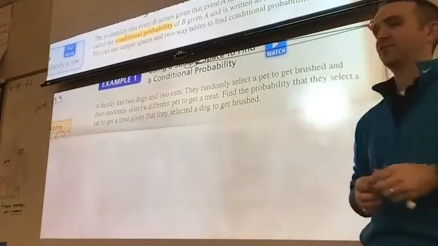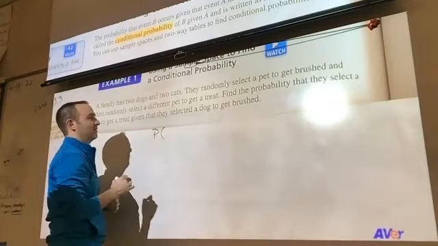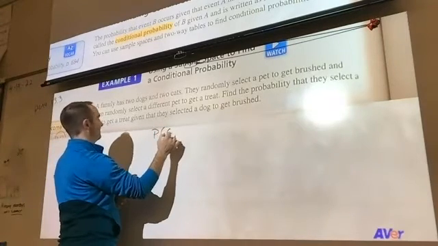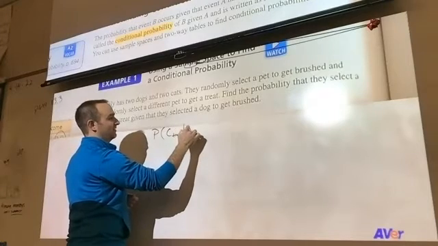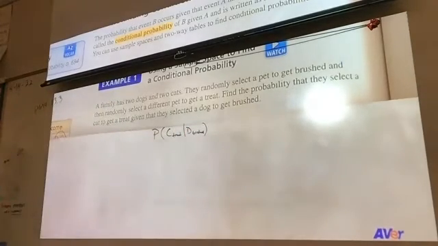We want the probability that they select a cat as the second one, given that they selected a dog the first time. If I wanted to write that out, it would be the probability that they select a cat to get the treat, given that a dog was brushed. We can organize it in that manner.